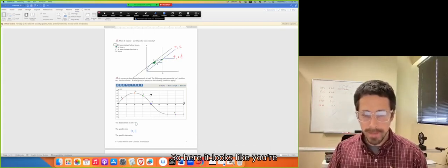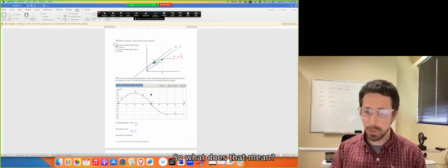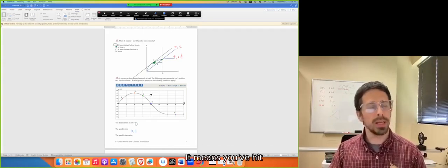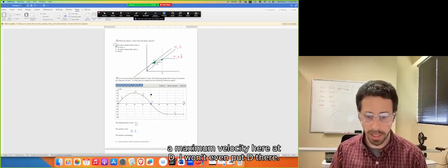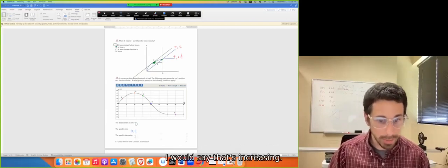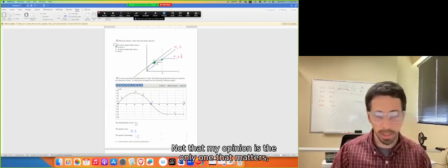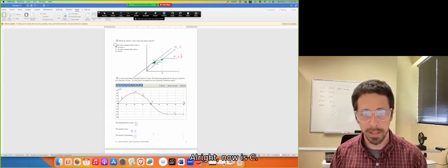So it looks like you're speeding up and then slowing down afterwards. What does that mean? It means you've hit a maximum velocity here at D, so I wouldn't even put D there. And E was at rest. So the only one I would say is increasing, not that my opinion is the only one that matters, but it might matter right now, is C.